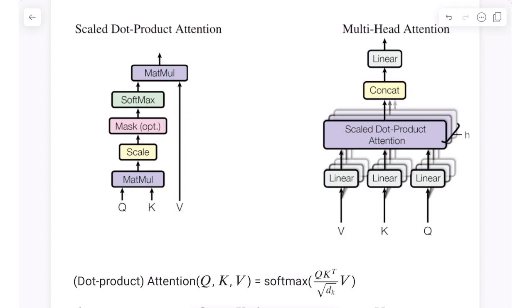One important concept is that when we analyze the text sequence, which input is more important than the other input? As we know, there are tokens, words, in the sentence.